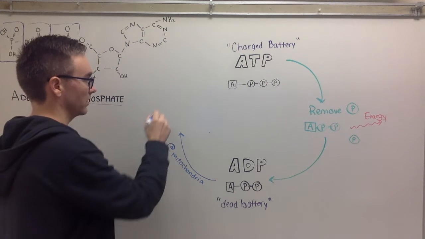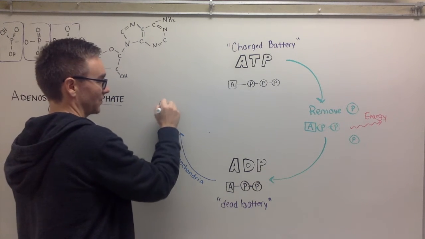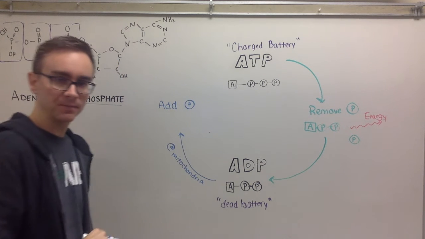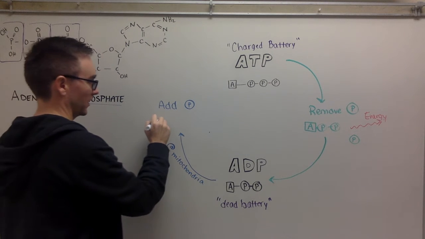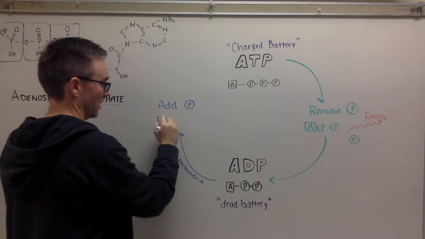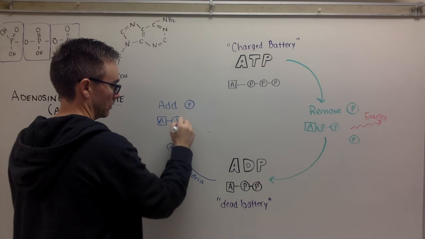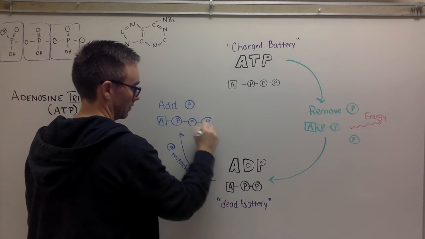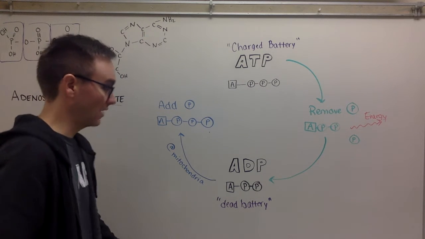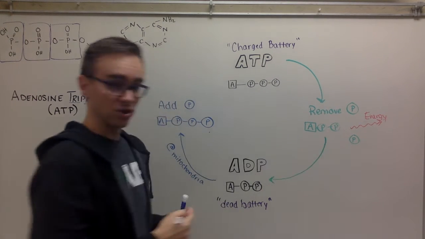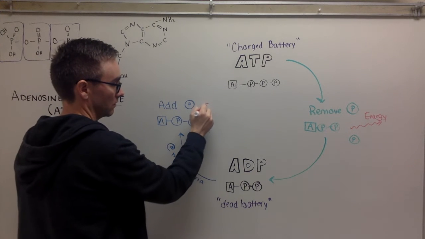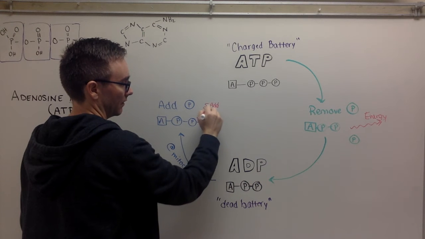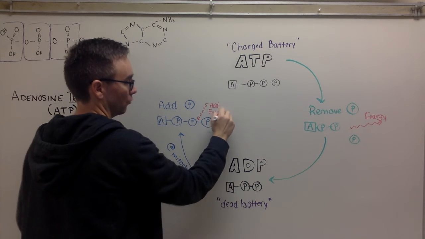What's going to happen is we are going to add a phosphate. Now when I broke a bond, I released energy, which means to do this, I need to add energy to reform this.